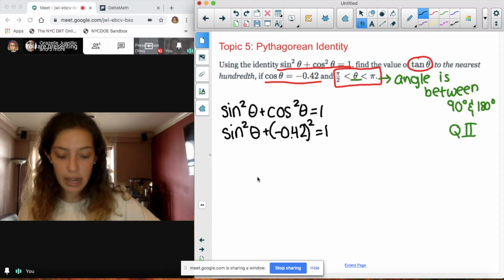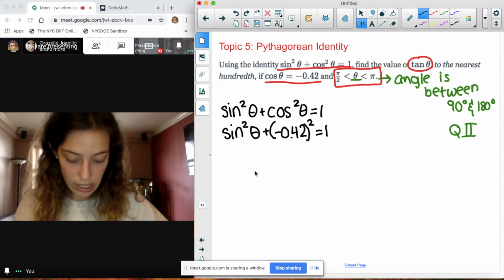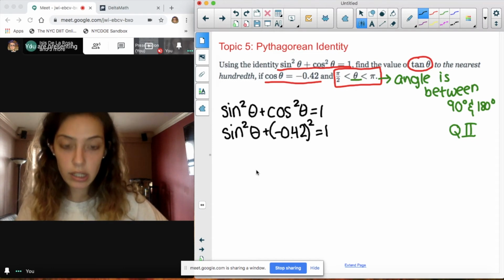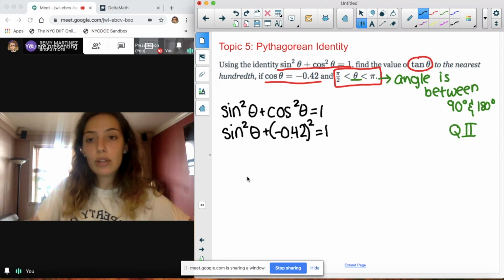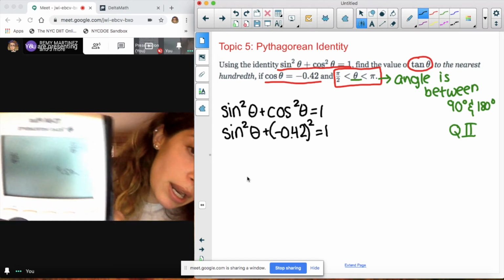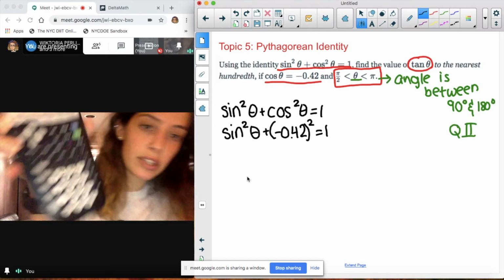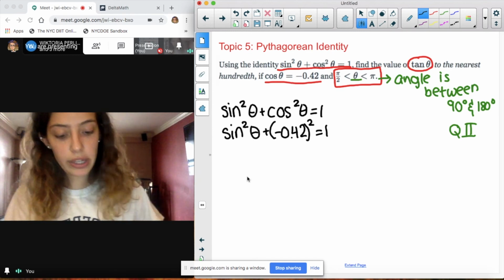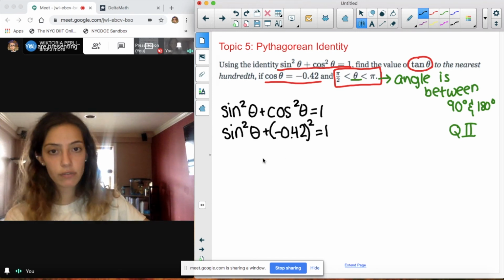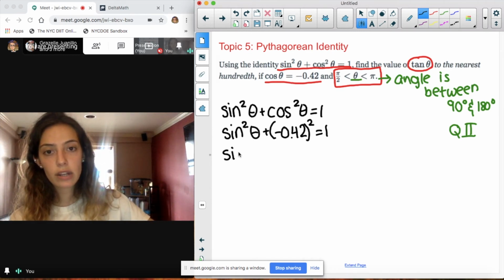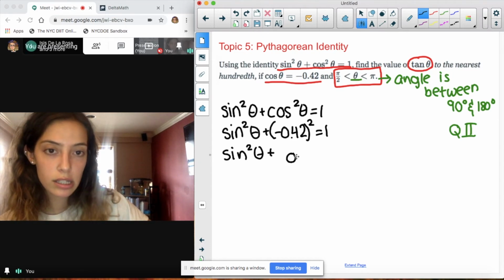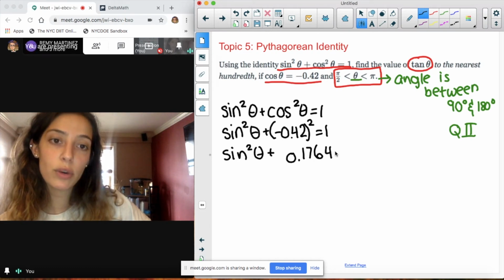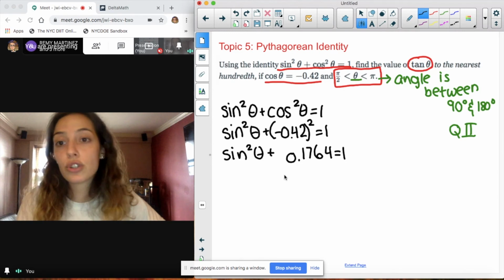And then we simplify. So negative 0.42 squared. When you type it into your calculator, make sure you have parentheses. You get 0.1764. So sine squared theta plus 0.1764 equals 1. Solve for sine.